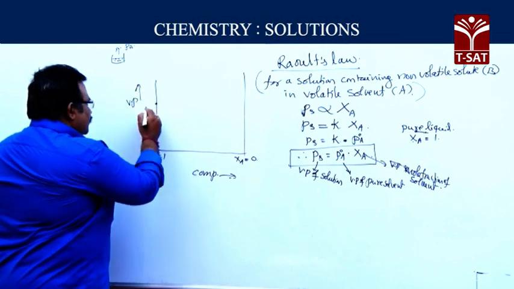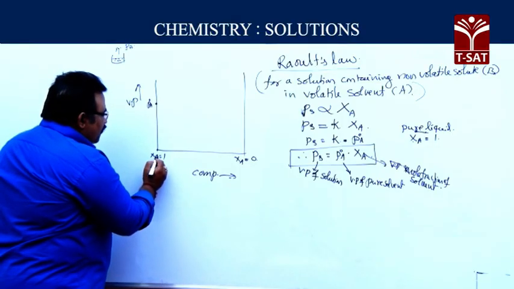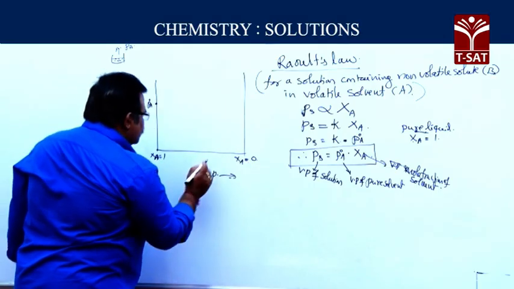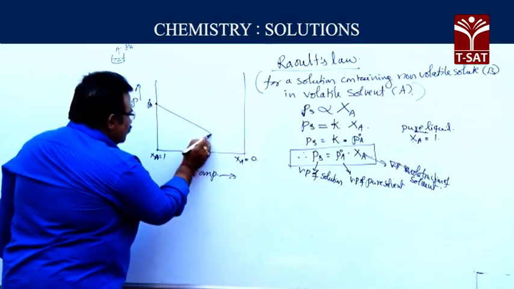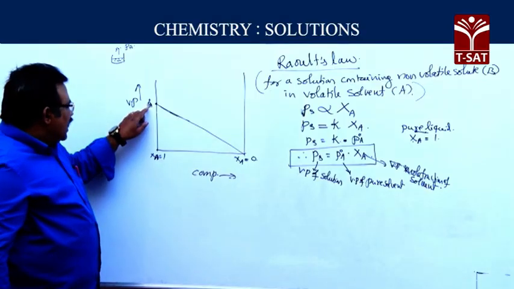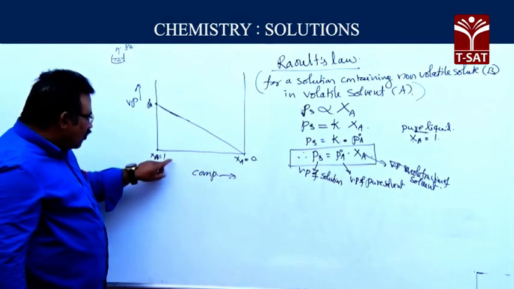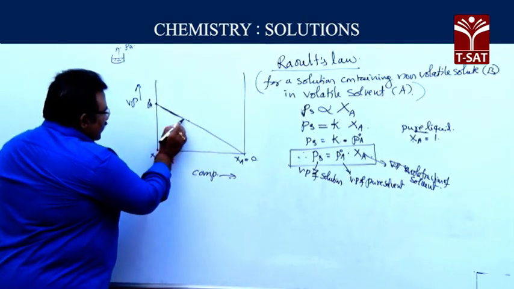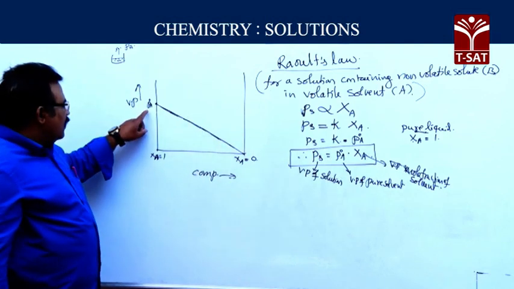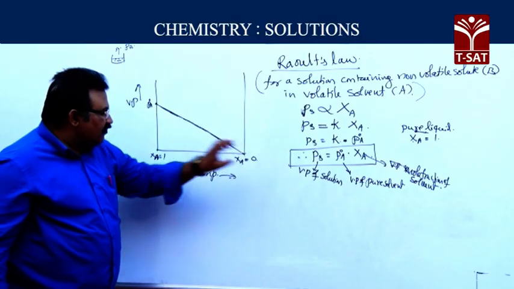So, this is the P0A. As mole fraction of A decreases, if mole fraction of A becomes 0, the vapor pressure also becomes 0. So, vapor pressure of pure liquid is proportional to mole fraction. This graph represents how the vapor pressure of pure liquid decreases with the decreasing of mole fraction.